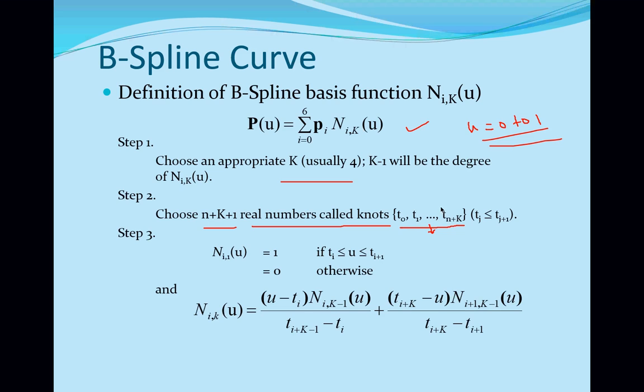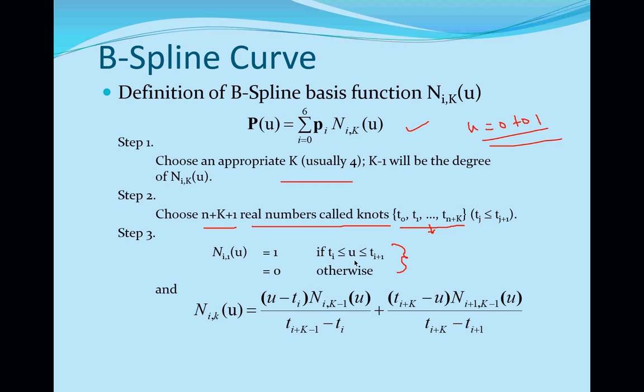Now one of the important parameters: N is a step function basically. So either it will be 1 or it will be 0. I can say the weight of that point will be either fully 1, or the weight of that point will be totally 0. There will not be partial load. It will be either fully 1 or fully 0.